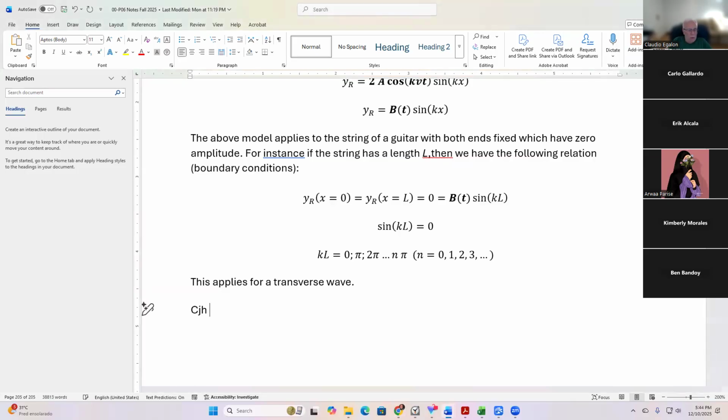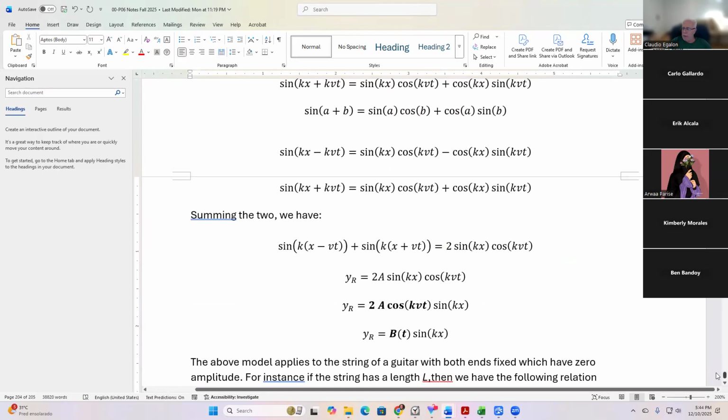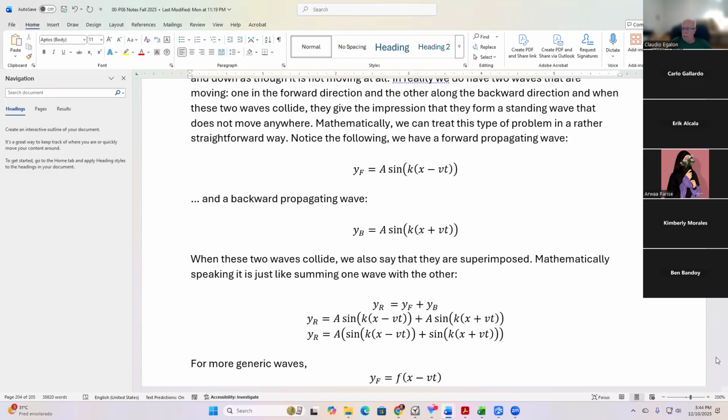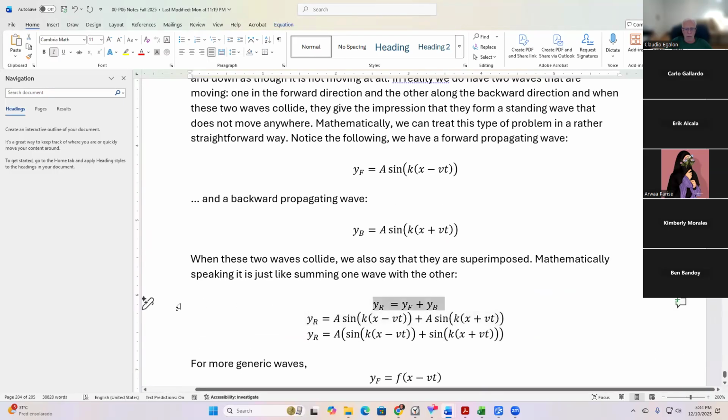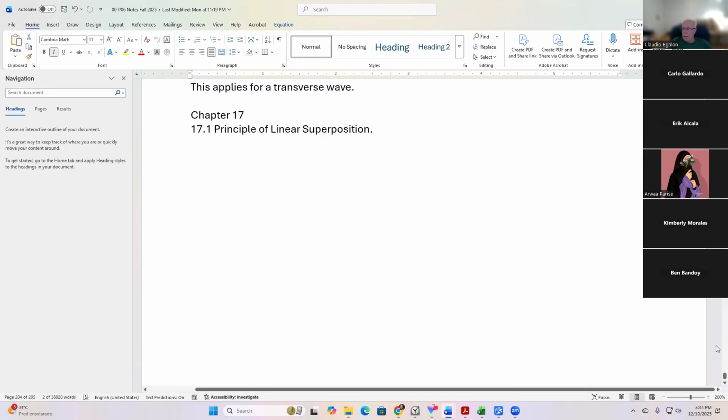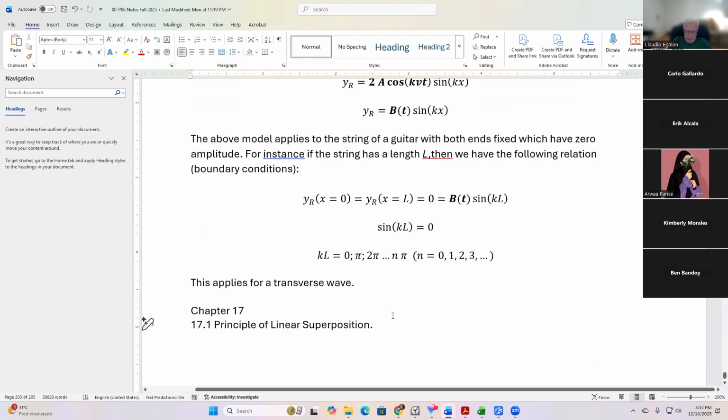What's the principle of linear superposition? It's just like when two waves collide, you have to sum the separate amplitudes of the waves. It's this one that you see right here, the forward propagating wave and the backward propagating wave. That's what it's being applied to.